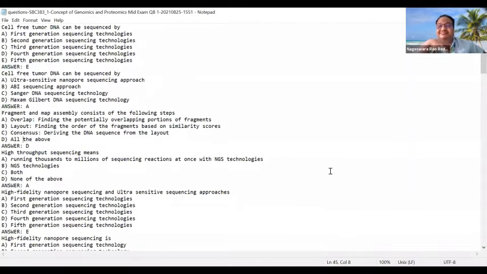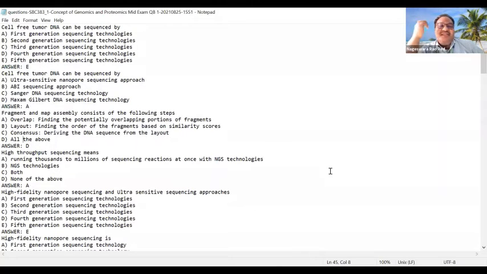Balaji, which generation is it? Fifth, sir. Fifth generation. The difference between the four generations and the fifth generation is that till four generations they were looking at sequencing longer genomes, and the fifth generation is looking to sequence short length fragments but of high quality.